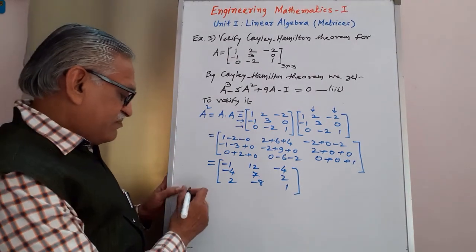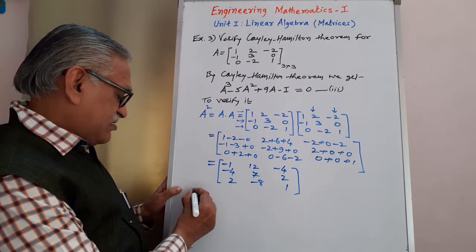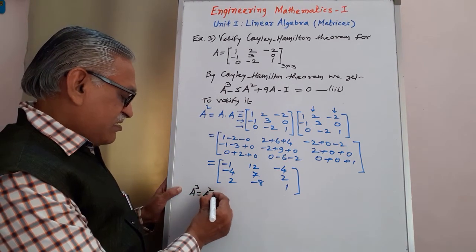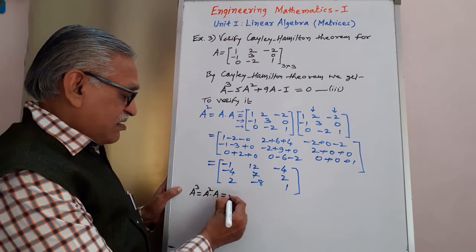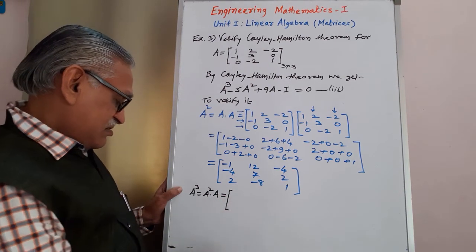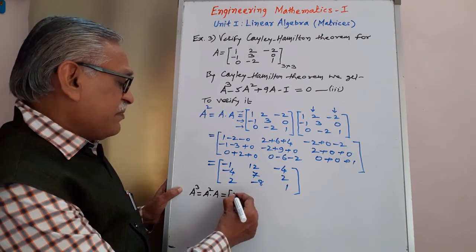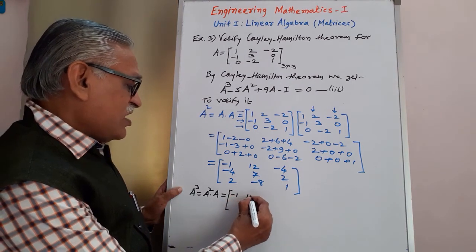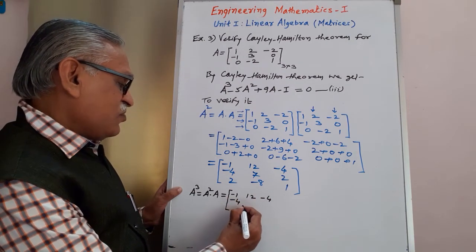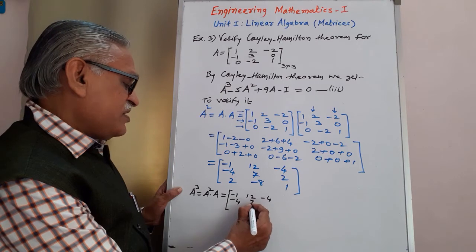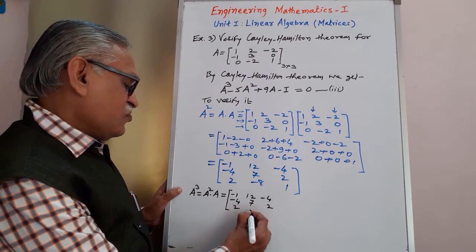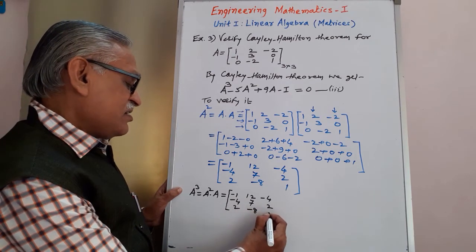Then we find matrix A cube. It is A square into A. That A square matrix is with elements minus 1, 12, minus 4, minus 4, 7, and 2, 2, minus 8, and 1.